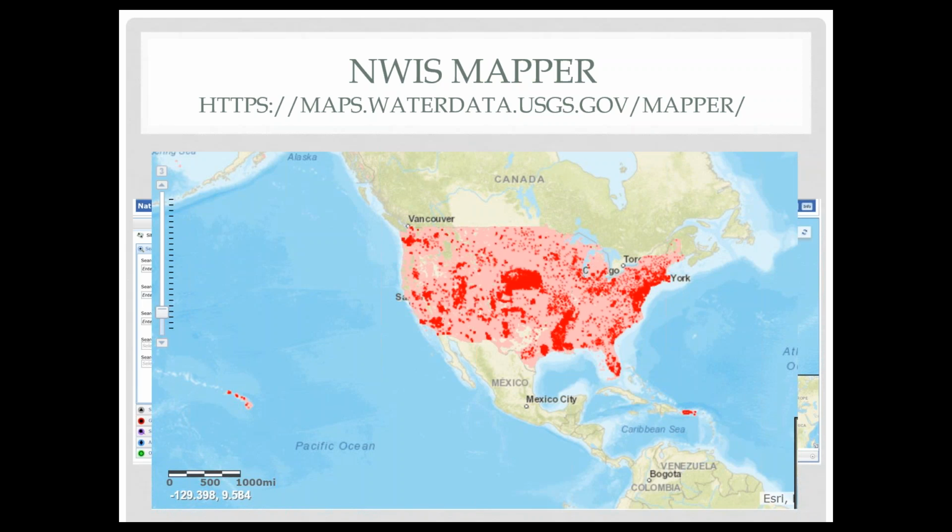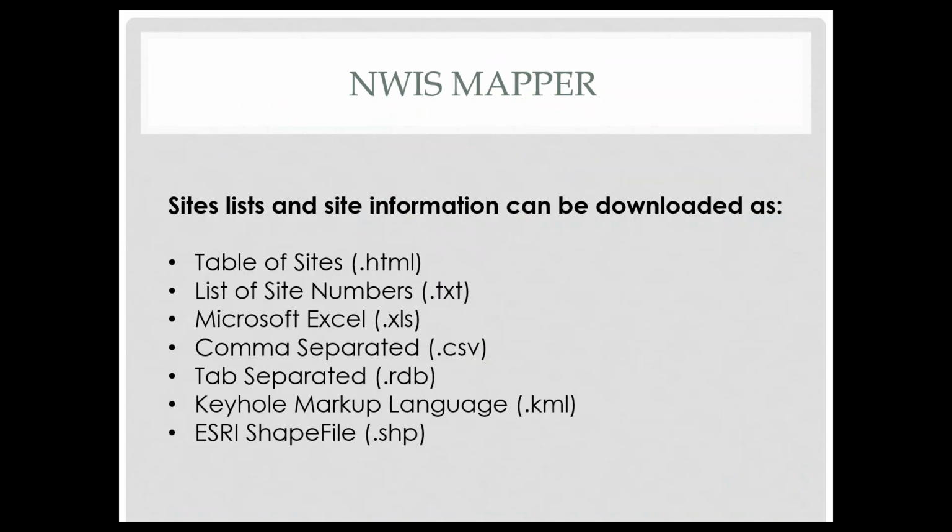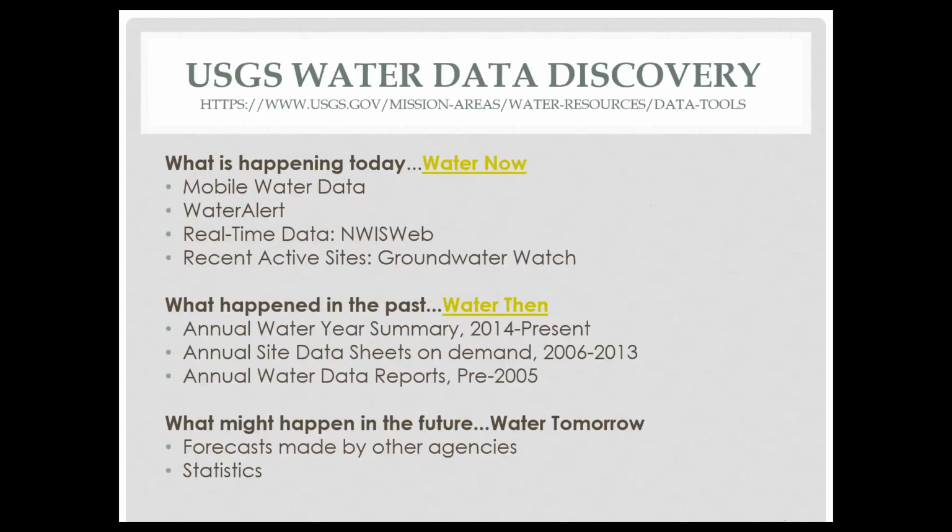But to answer one of the questions earlier, it will allow you to see where I can potentially have a site that is no longer active that I might activate again because I need it to fill in gaps in my study. So we have a large number of groundwater sites. You can get information in tabular form, text, comma delimited, RDB, and also shape files out of the mapper.